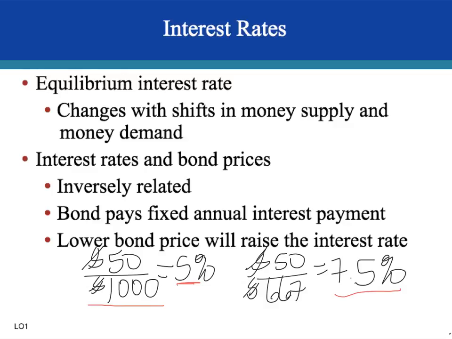So what ends up happening is the bond price falls, in this case to $667. Remember, it's making a fixed annual interest payment, so no matter what, it's going to pay $50. Since the numerator here is fixed, in order for the interest rate to go up, the price has to fall, and vice versa.